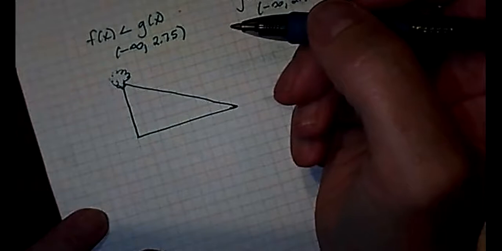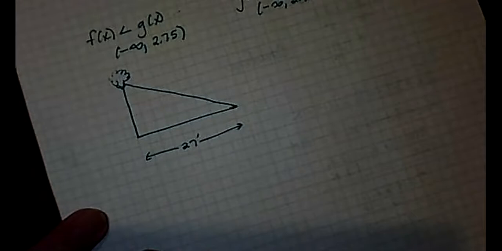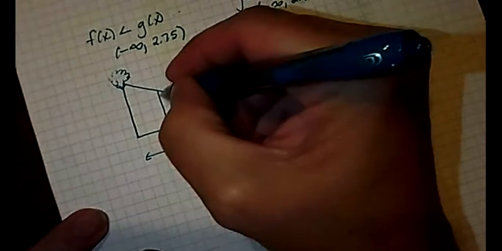All right, so here's our tree right here. And it casts a 27-foot shadow. So this whole length here is 27 feet. And then a 6-foot person. So we have this person here.